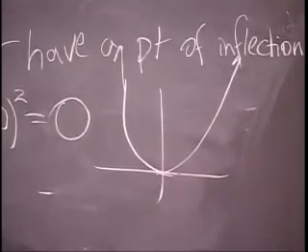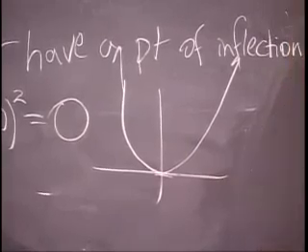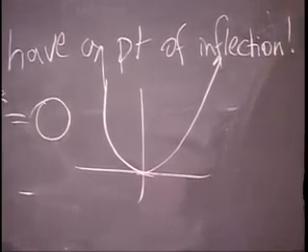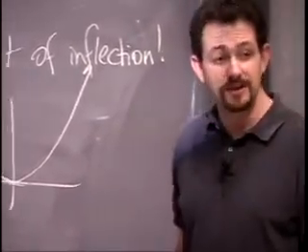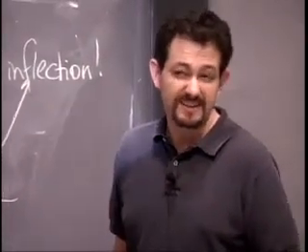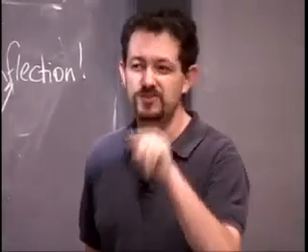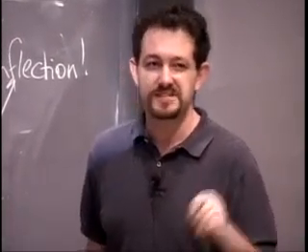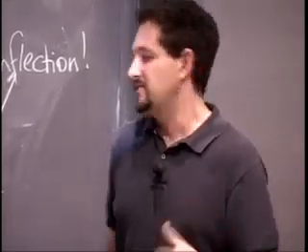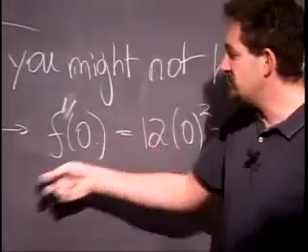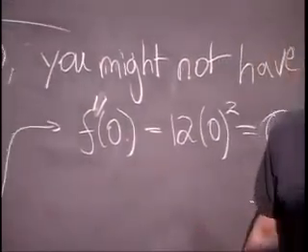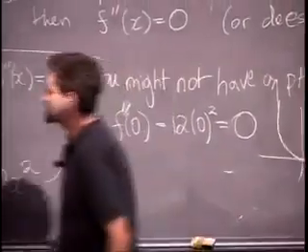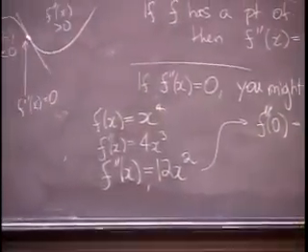So it's a trap. It's a trap that you should not fall into. Second derivative 0, you might have a point of inflection. You might not. But if you do have a point of inflection, you know the second derivative is 0. That's how it works. So if you do want to find points of inflection, yes, by all means, find the zeros of f double prime, but do not assume that they are points of inflection. They are just candidates for points of inflection.